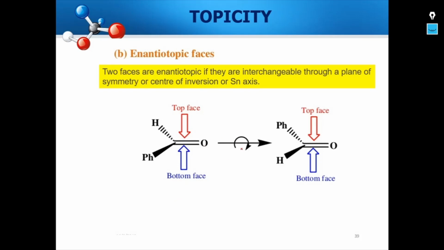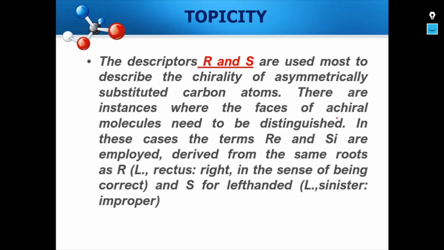So when you rotate the identical molecule, the two faces are enantiotopic if they are interchangeable through a plane of symmetry, a center of inversion, or an SN axis. The structure is not the same upon rotation, and hence a mirror plane exists.